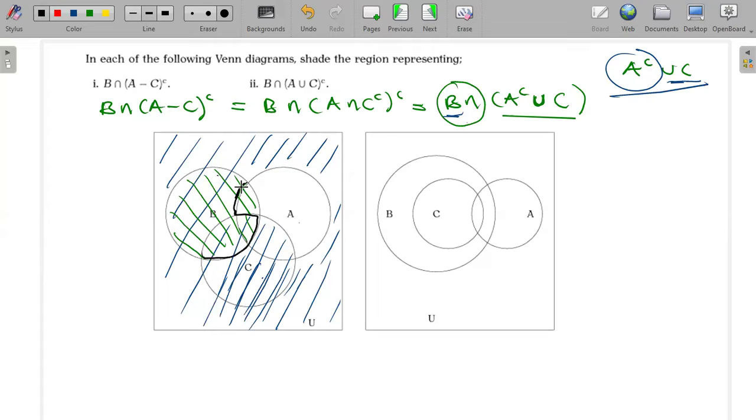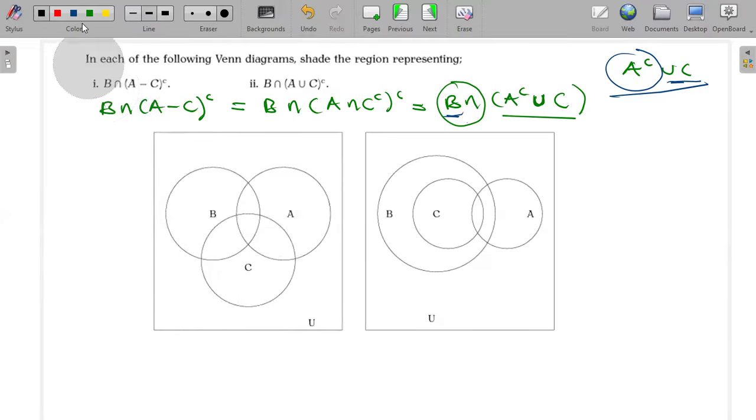So this part here is where they crisscrossed. So this is where we're going to shade, and that is what our answer is going to be. If we are to shade, we have this here like that. Okay, so this is how our set is going to be. Apart from that part there, that's how you're going to shade. Okay, so that's how you would see this one on this one.